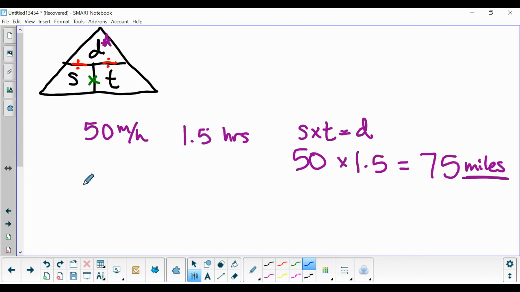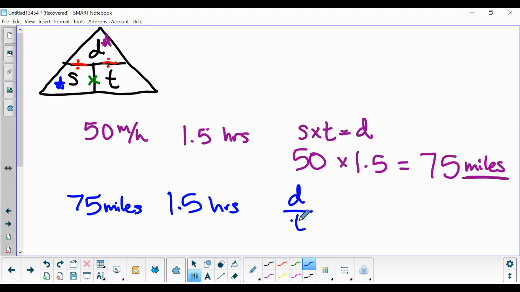Next, just so we can double check our answers really well, let's say that I went 75 miles in 1.5 hours. What is my speed? I'm giving my distance and my time, so I need to figure out my speed. I'm going to use distance divided by time to find my speed.